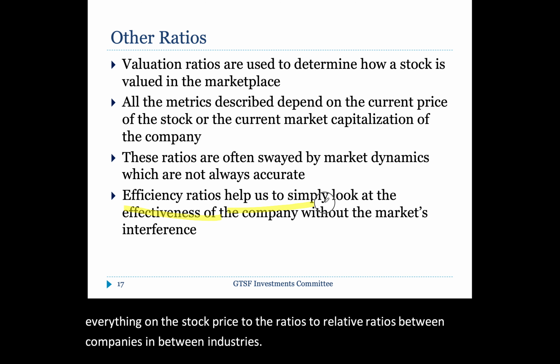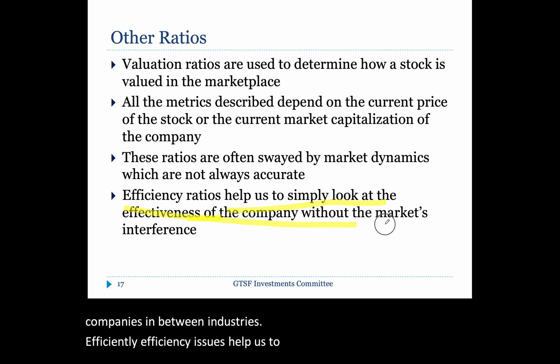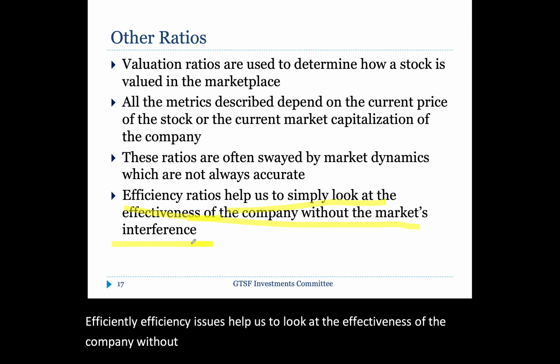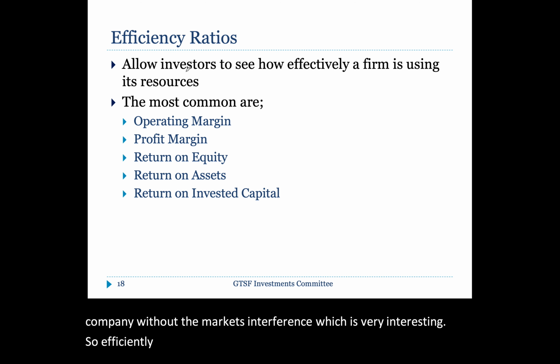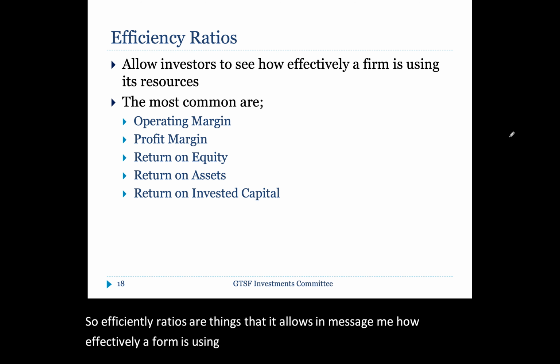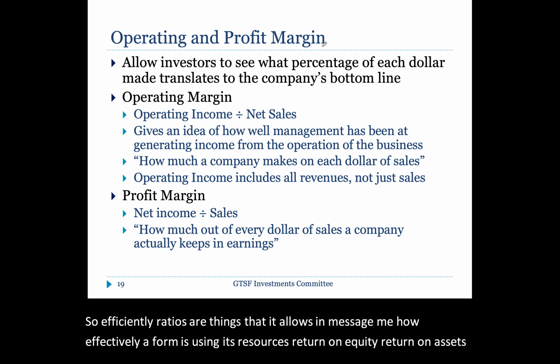Efficiency ratios help us to look at the effectiveness of the company without the market's interference, which is very, very interesting. Efficiency ratios allow investors to see how effectively a firm is using its resources. Return on equity, return on assets, return on invested capital, and operating and profit margin.